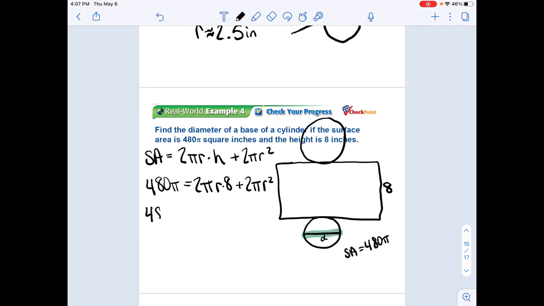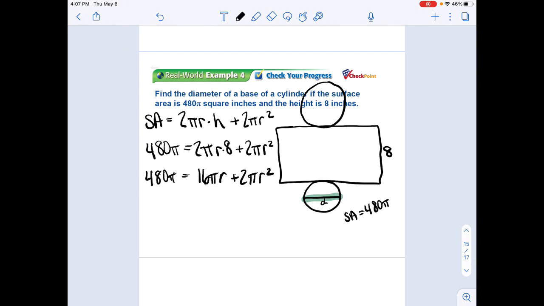Now, I'm going to do as much as I can to this point. I just combined my 2 and my 8, pretty much. Now, it would be nice if I could just go ahead and divide by 2 pi on both sides and get a solution and go from there.